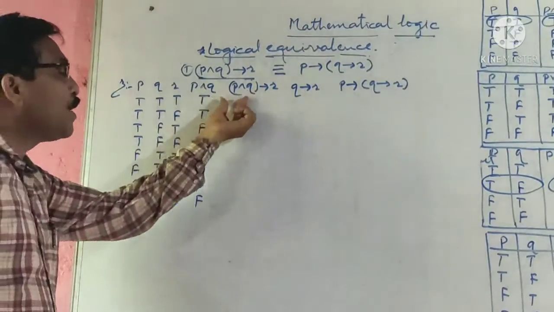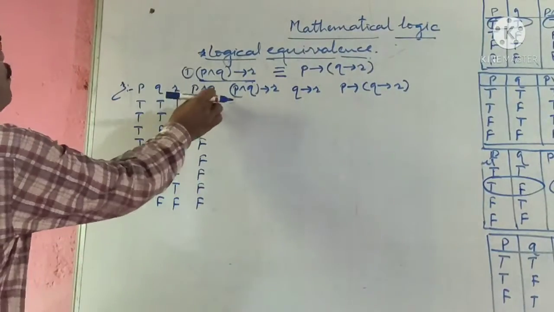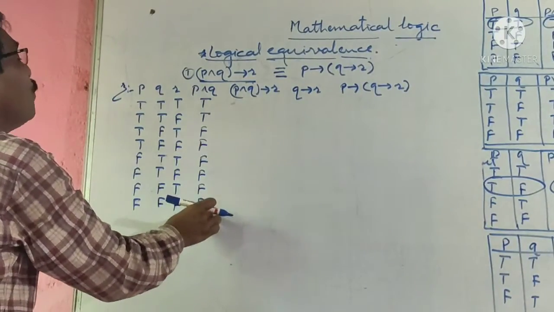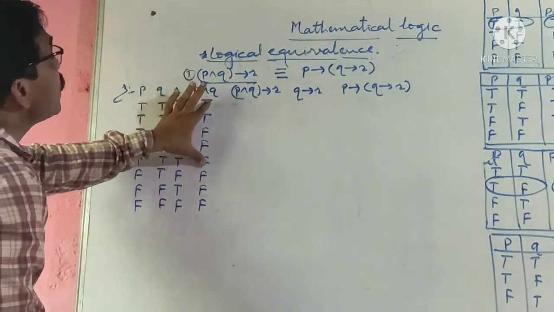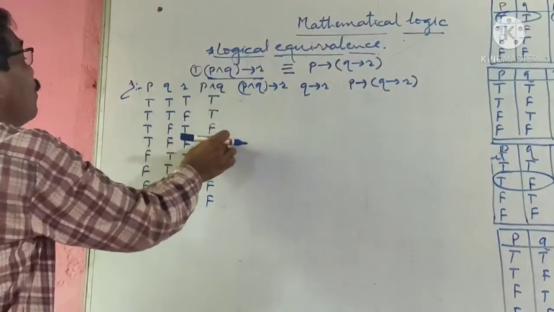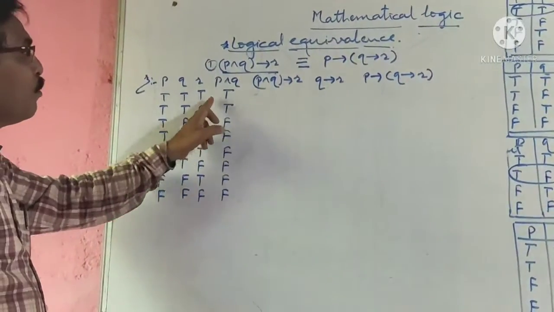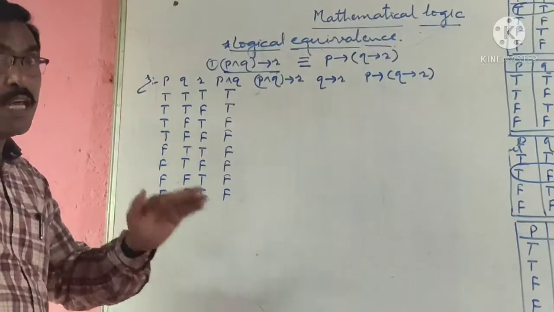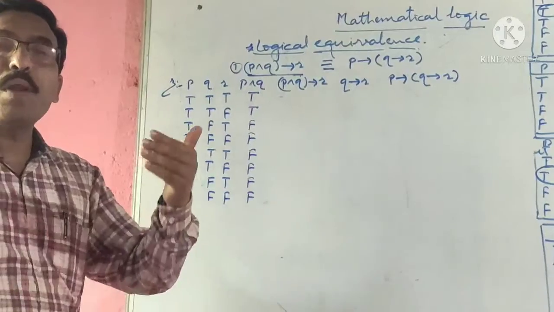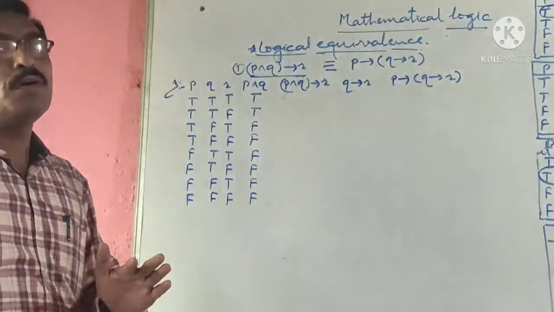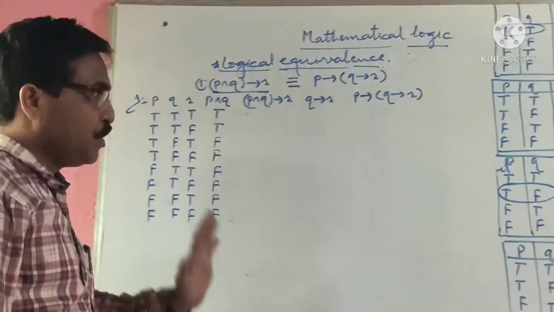Now P and Q implies R. P and Q is this column and R is this column. That is, this implies this. In implication, again remind what is there: when T implies F, then we have F, and otherwise in all the three cases it is T. We can check here also.